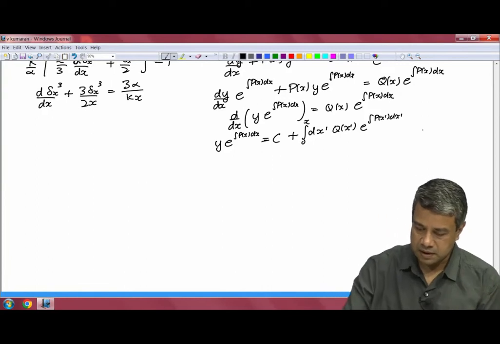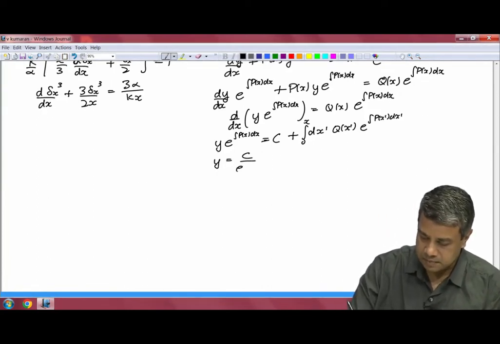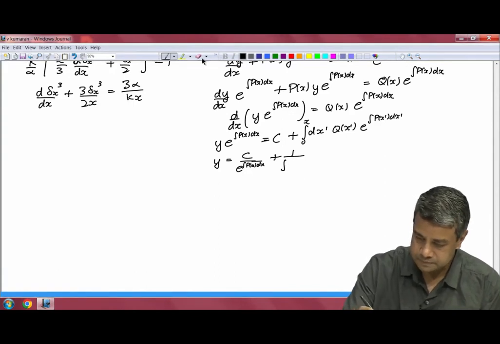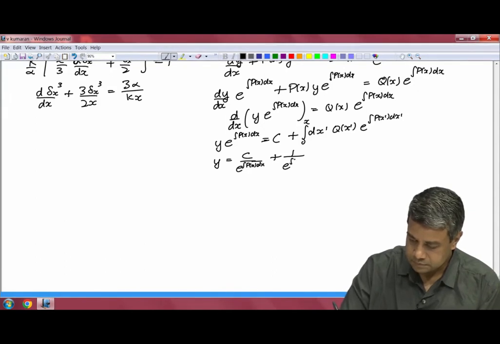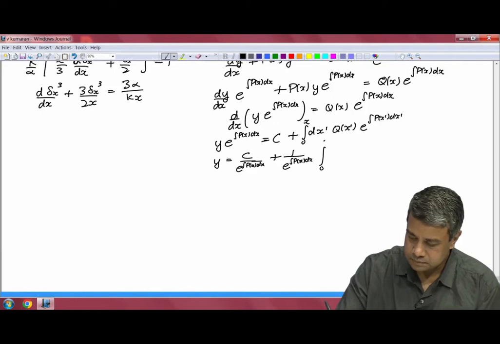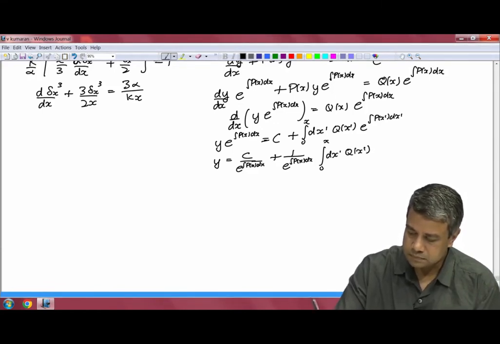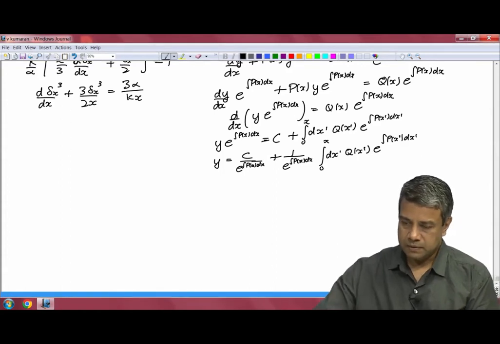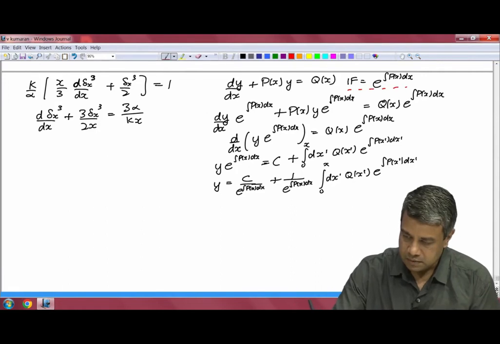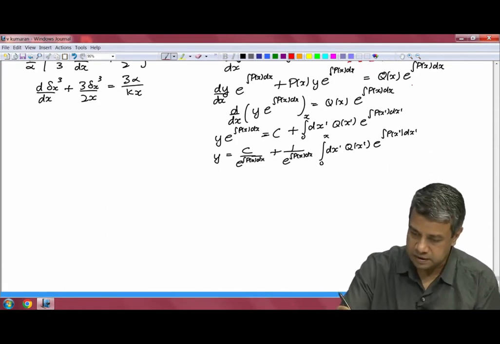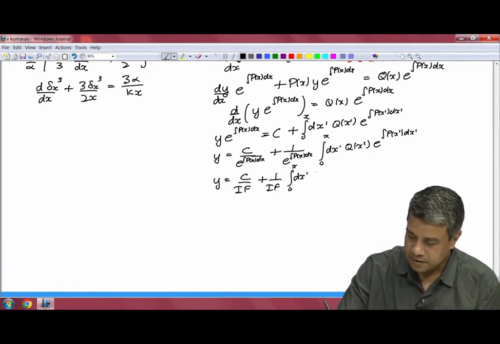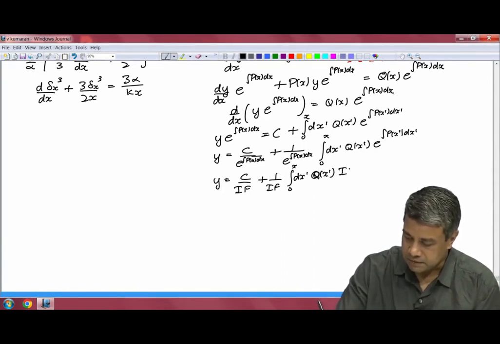Therefore, the solution can be written as y is equal to c by e power integral p of x dx plus 1 by the integral. Alternatively, with this definition of the integrating factor, this can be equivalently written as y is equal to c by integrating factor plus 1 by the integrating factor integral 0 to x dx prime q of x prime times the integrating factor expressed in terms of x prime.